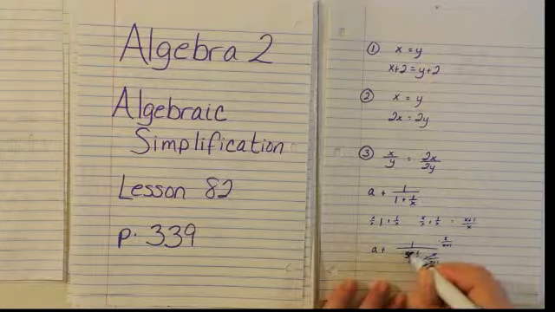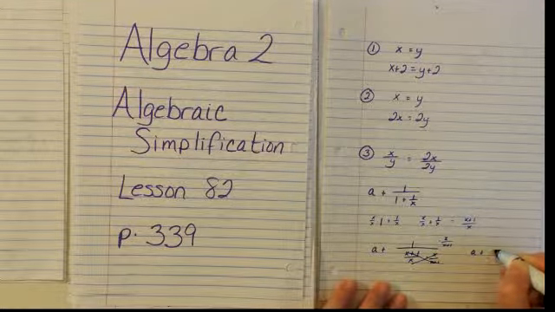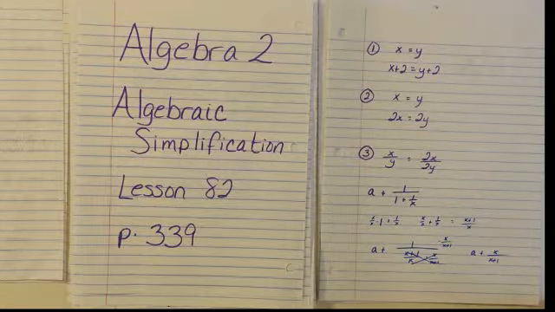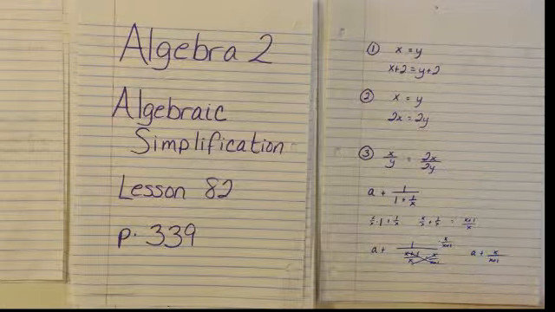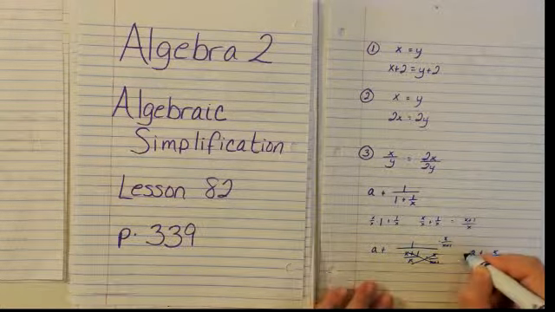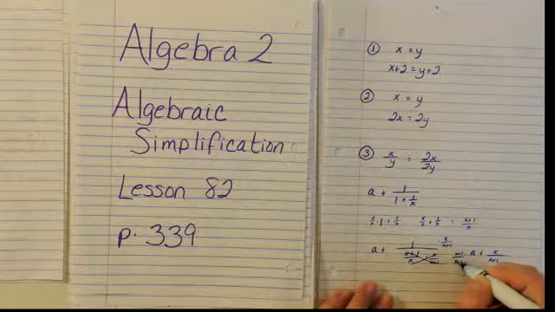Right? So this cancels, and we get a plus x times x plus 1. And now we need to find a common denominator in order to add these terms together. So the common denominator is going to be x plus 1. So we're going to multiply the a times x plus 1 over x plus 1.